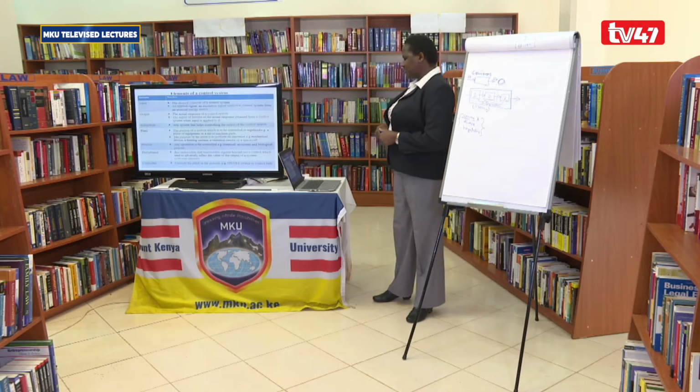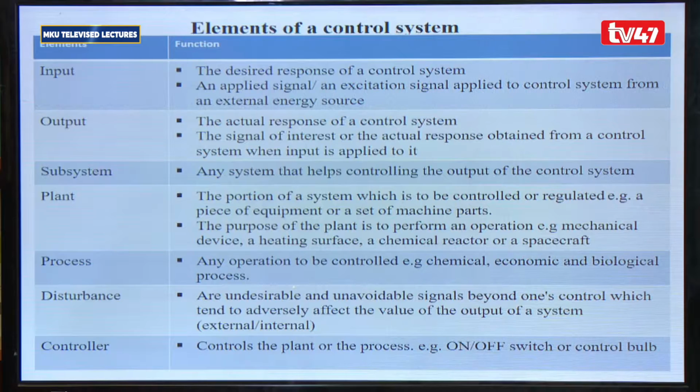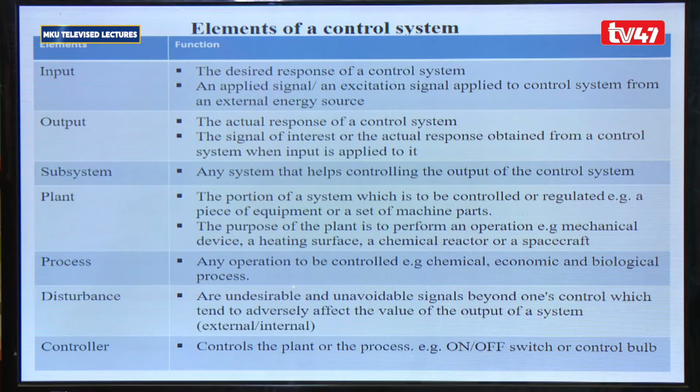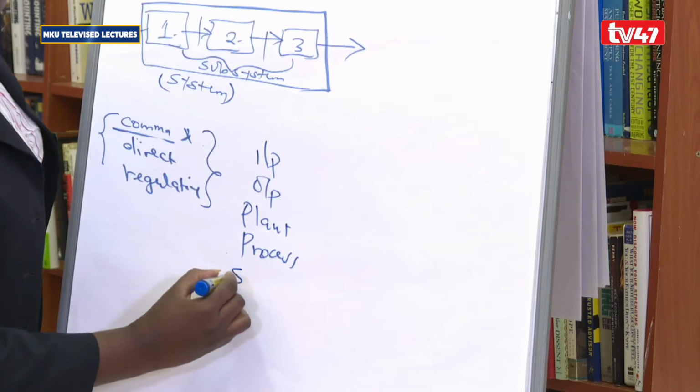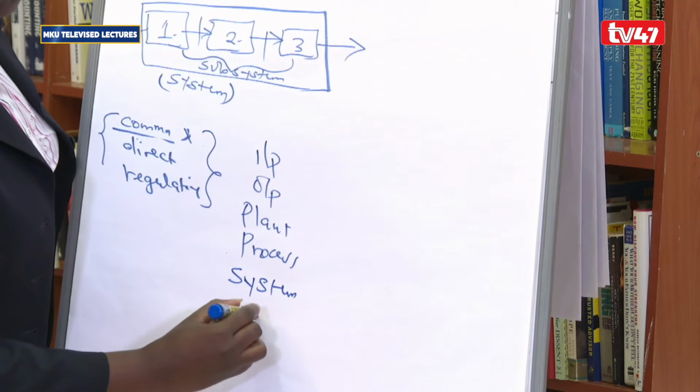Now we'll look at the elements of a control system. Just as a system, it must have different elements depending on the type of the system or the nature of the control you are trying to do. So we'll have the input, output, the plant, process, systems, subsystems, and the controller.